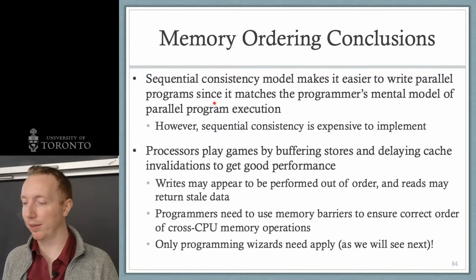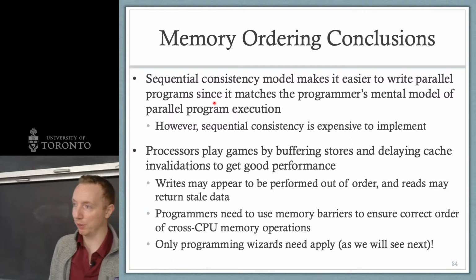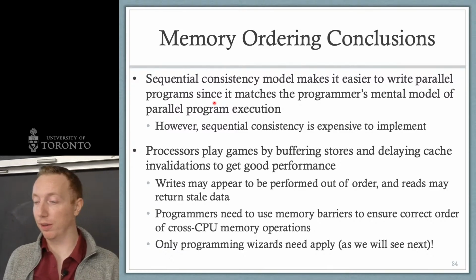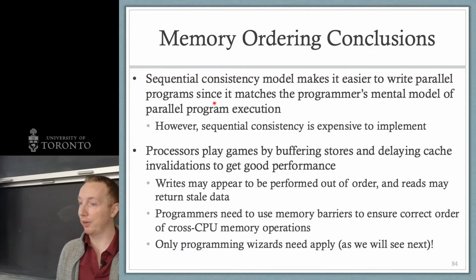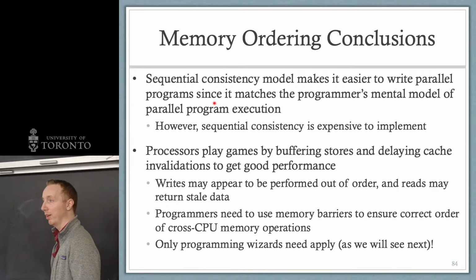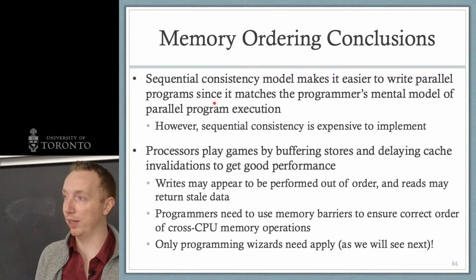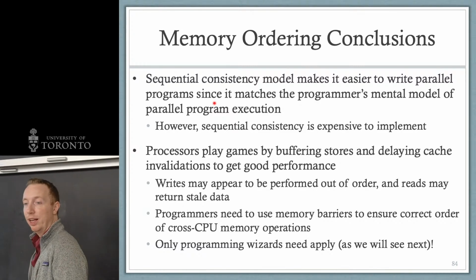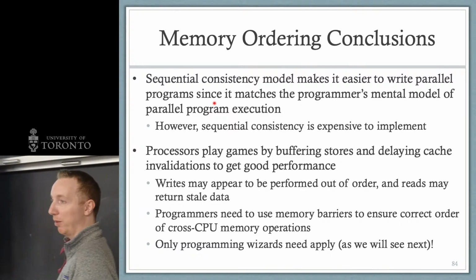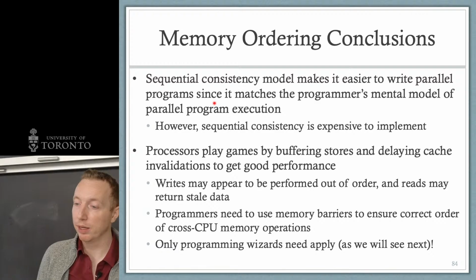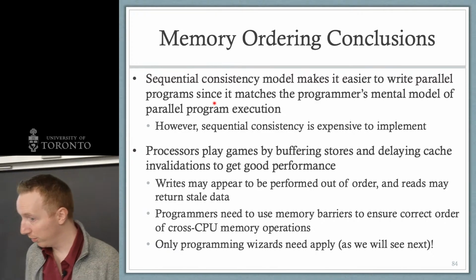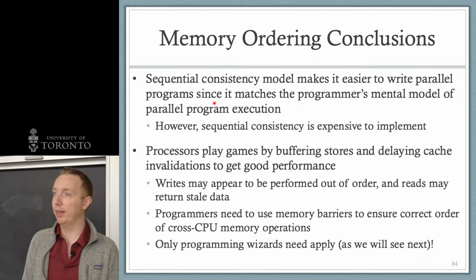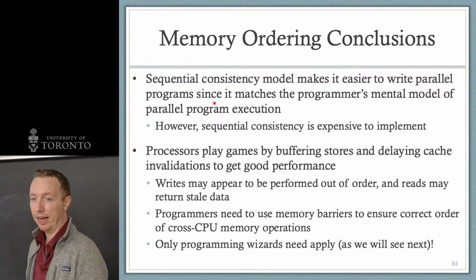So processors play games: they try to reduce the number of stalls, they buffer stores, they delay cache invalidations to get good performance. They do all sorts of nasty tricks, and that's just the way it works. It works well 99% of the time, but sometimes you actually write your program assuming sequential consistency, which is not the case at all.